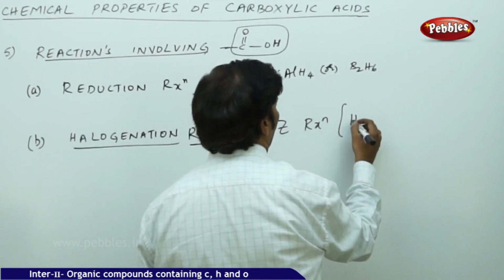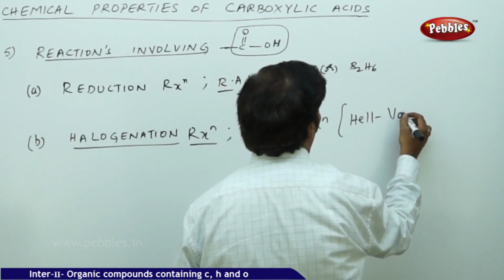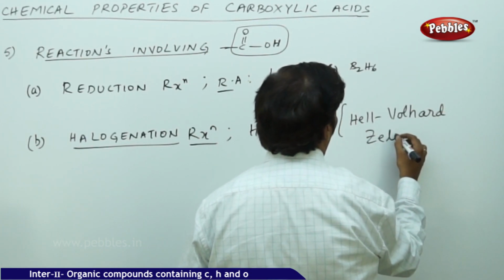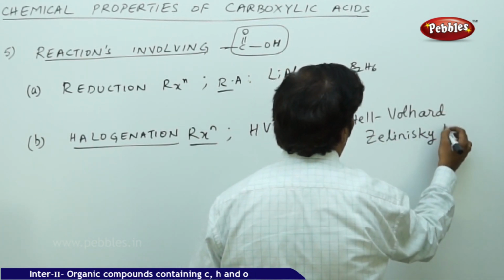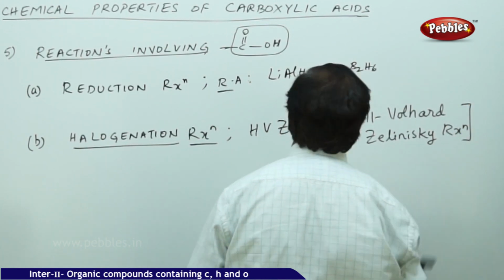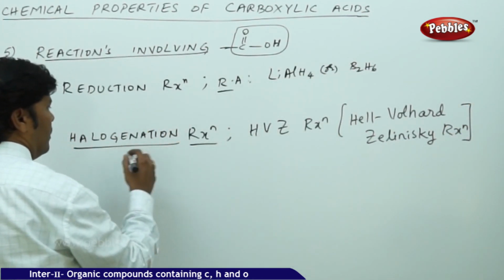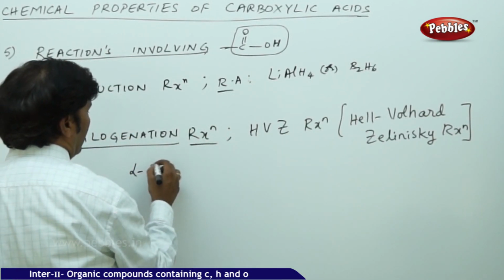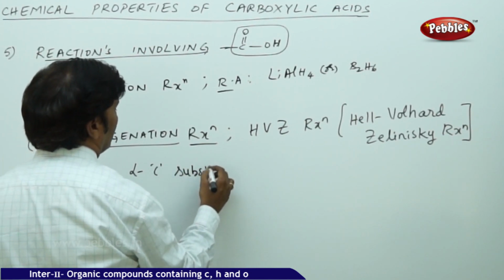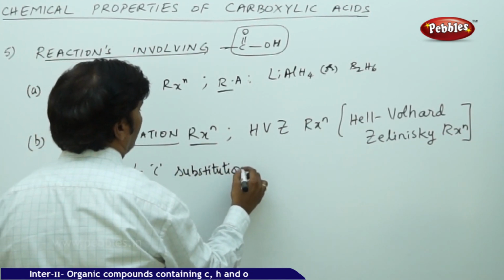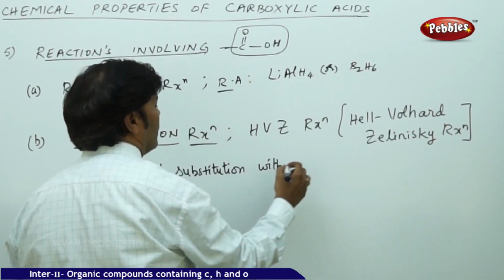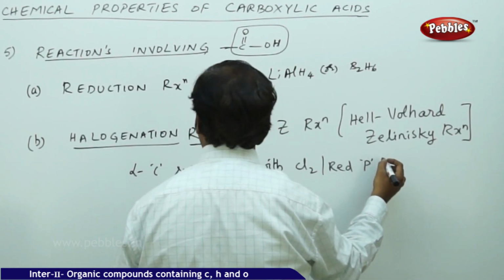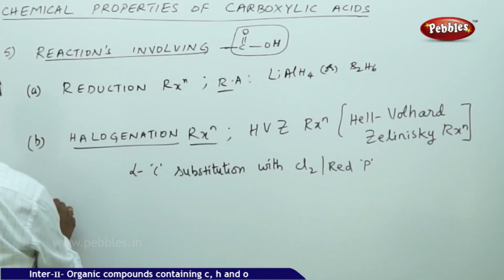We call this the Hell-Volhard-Zelinsky reaction, and it's like alpha substitution. This is alpha carbon substitution with chlorine in the presence of red phosphorus.